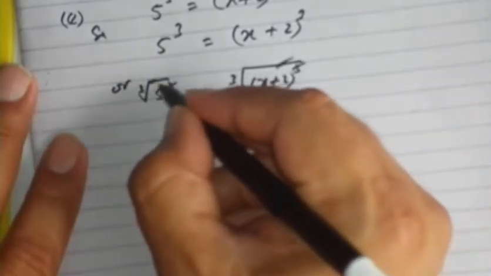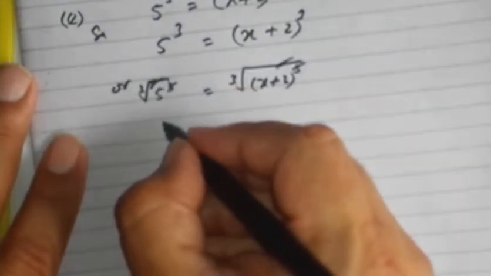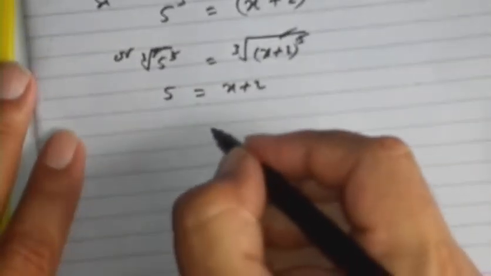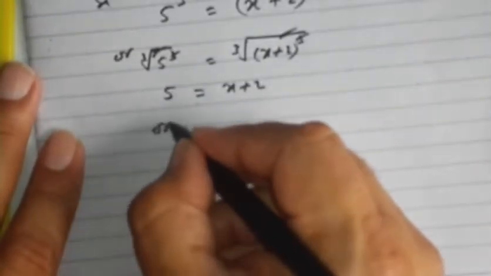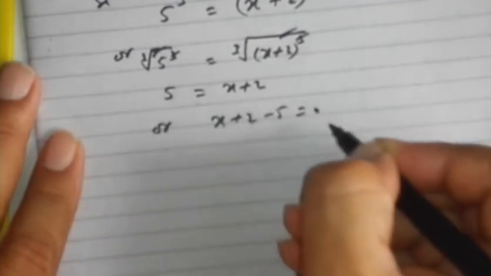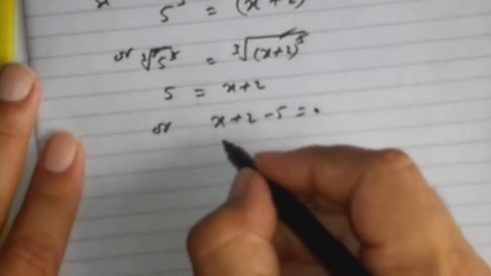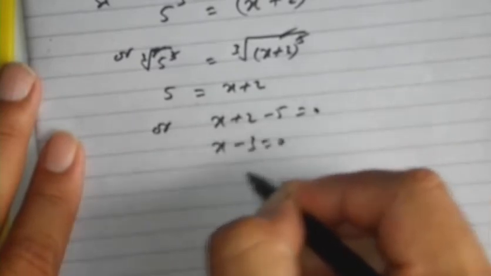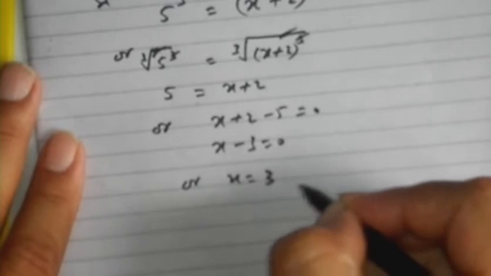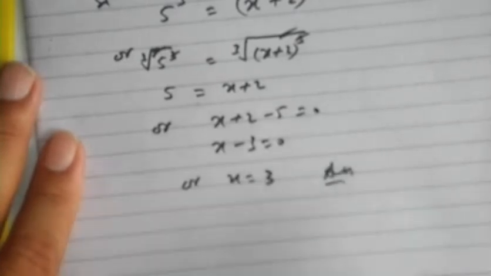The cube root cancels with the cube, we get 5 equals x plus 2. Shift this 5 to the right side, so it will become x plus 2 minus 5 equals 0. X minus 3 equals 0, or x equals 3 is the answer.